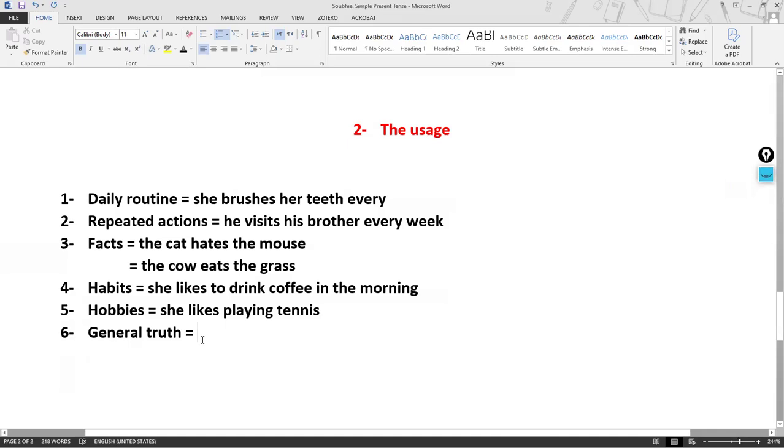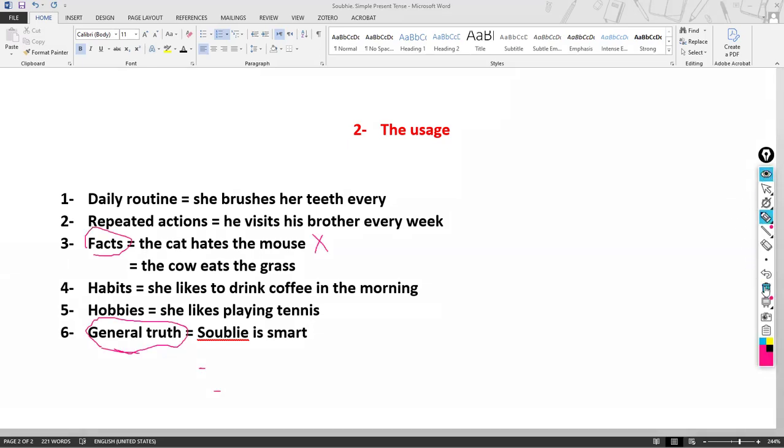For example, if I want to say Subhi is smart, okay? Subhi, do you know the meaning of smart? Smart is genius. Yes, okay. If I want to say Subhi is smart, this is general truth, but it is not fixed, because maybe, by passing time, you will not be smart anymore.